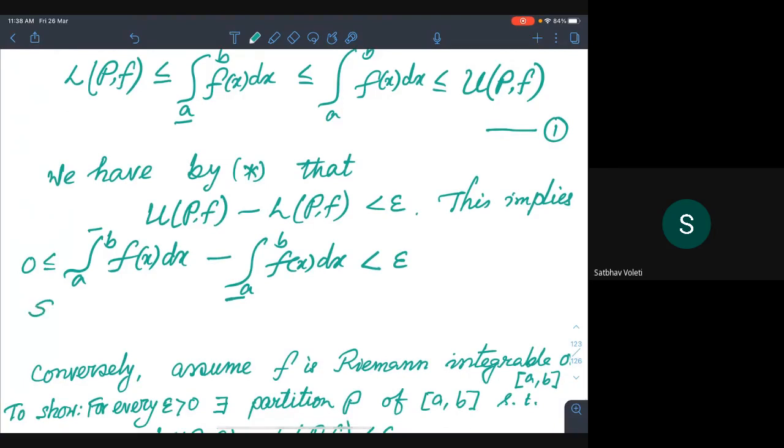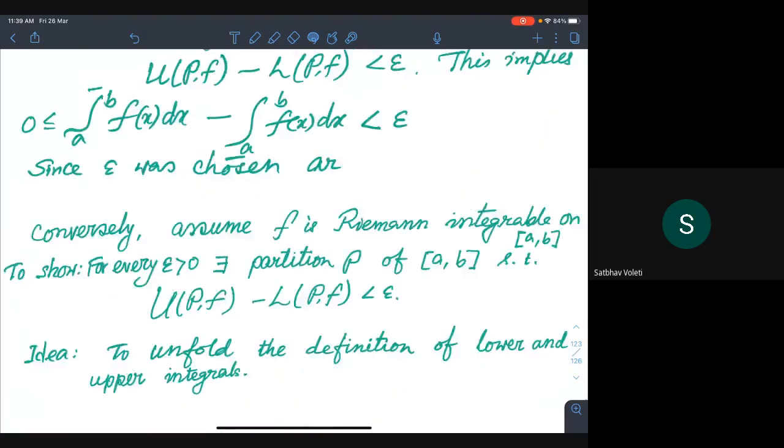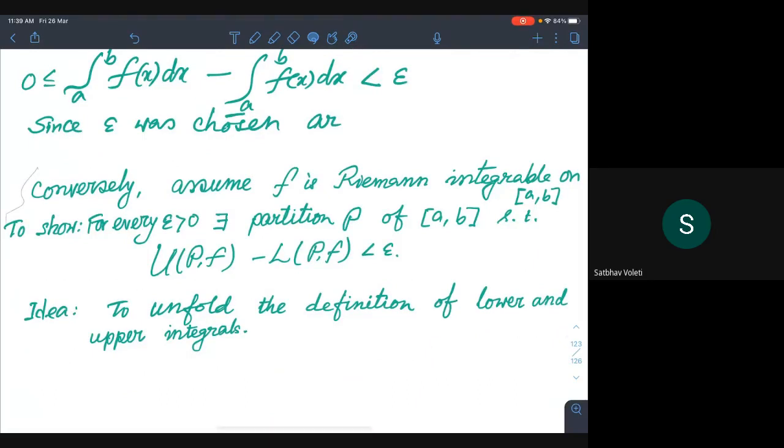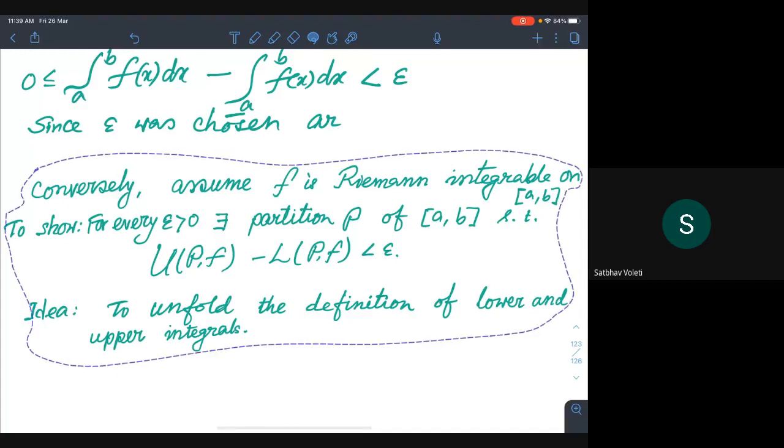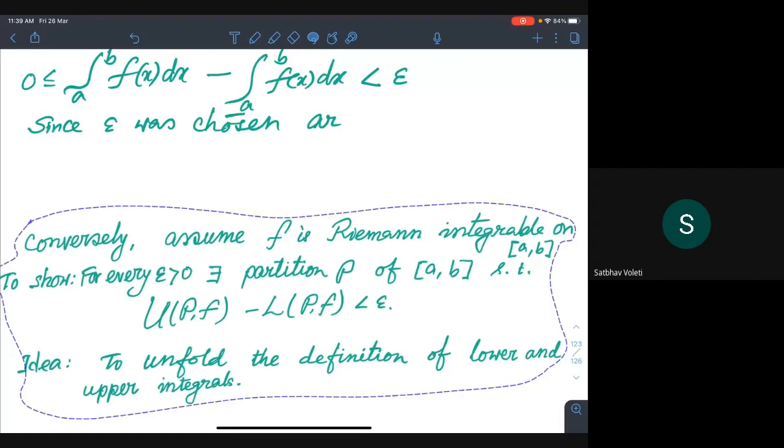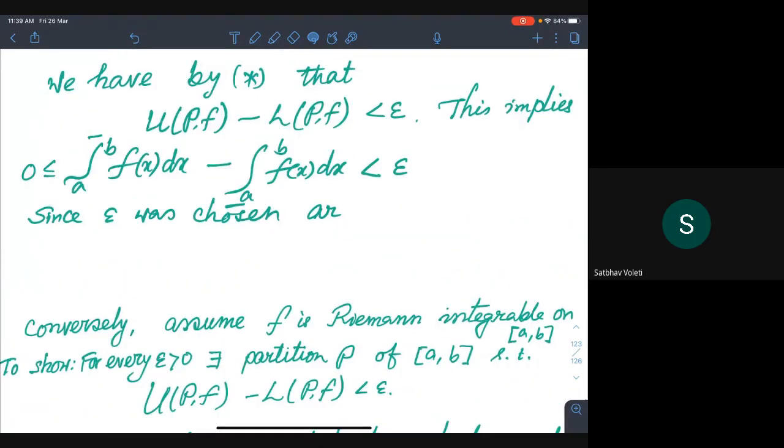Since epsilon was chosen arbitrarily, what can you do?